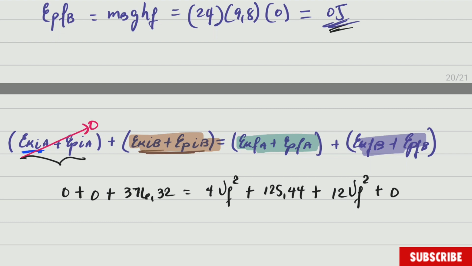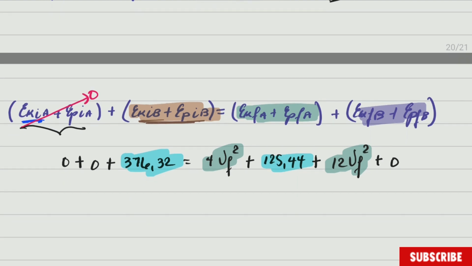So guys, the rest is simple mathematics here. We're going to group like terms. In this case we have the Vf squared terms, and we have the 125 and the 376. So we are going to rearrange this so we can answer the question real fast.